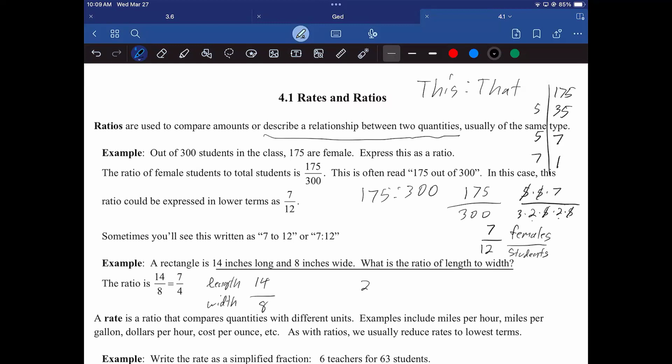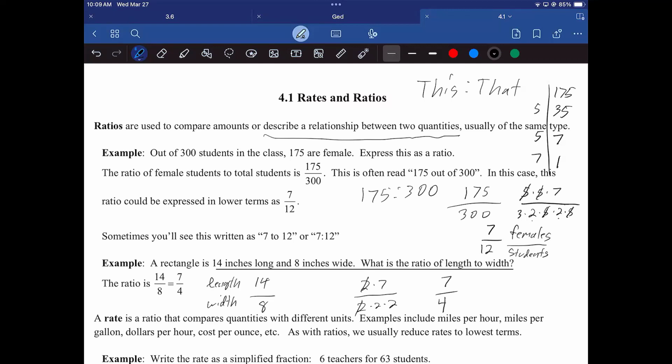Now I can call that 2 times 7 over 2 times 2 times 2. Thank you to the fundamental theorem of arithmetic, which states I can represent any composite number as its own unique set of prime numbers. Now I just reduce. 2 divided by 2 is 1. 1 times 7 is 7. 2 times 2 is 4. So this is 7 to 4.